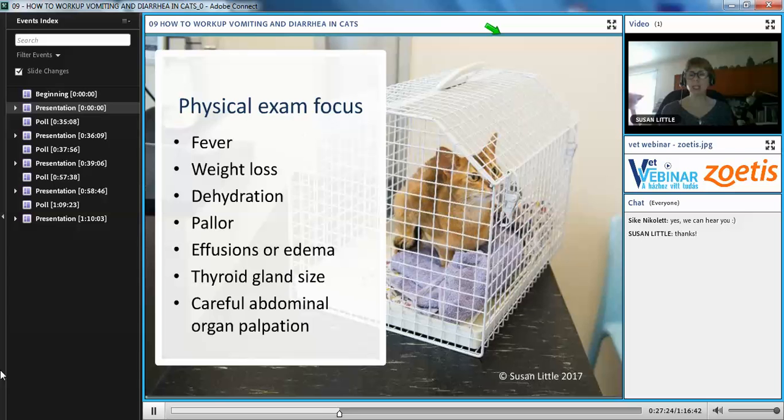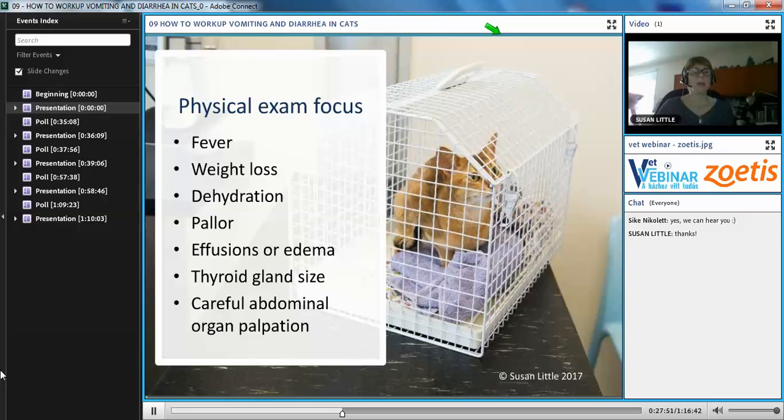And if the patient is too scared, too stressed, and not cooperating with our physical exam, we might want to use some light sedation so that we can get a very good physical exam done on these patients. So that's a case where we really can't skip all of the components of a physical exam, and we might want to use some sedation to help us facilitate getting that physical exam done in the patients that are not very cooperative.